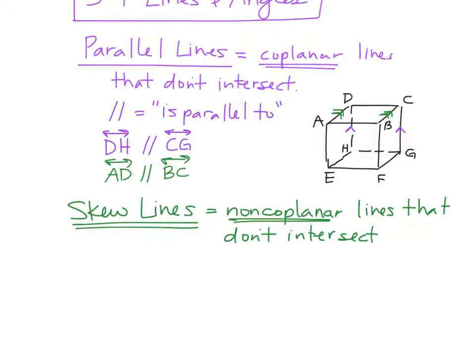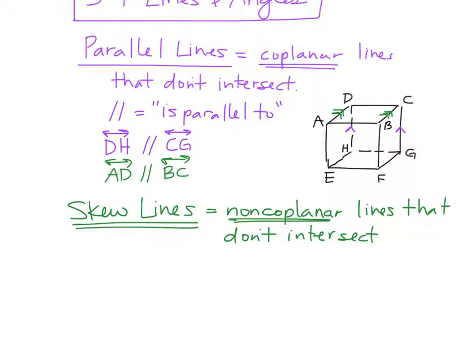Can you give me a for instance from this picture? AB and HG. Those would actually be parallel, because I could draw a plane through both of those, but you're on the right track.